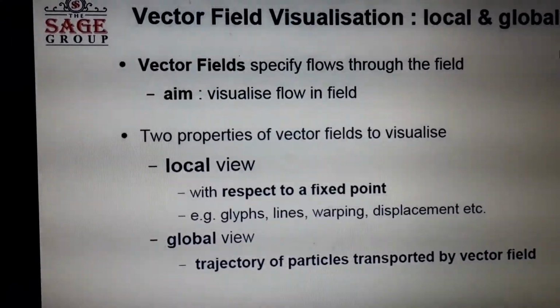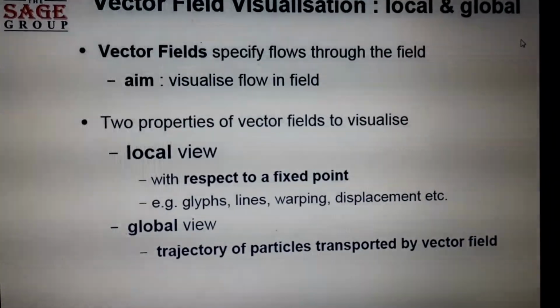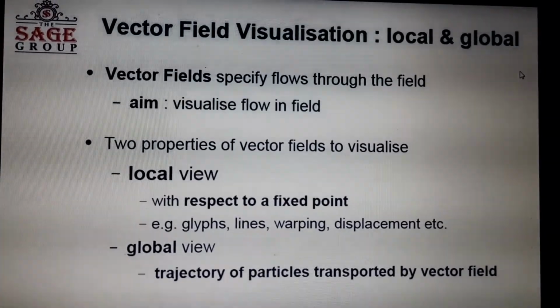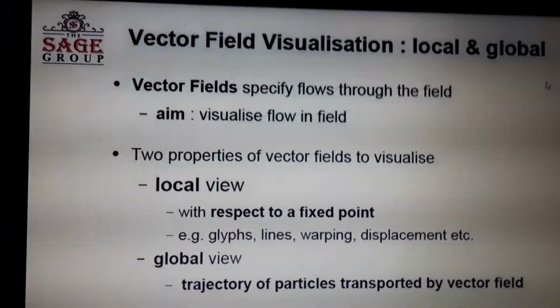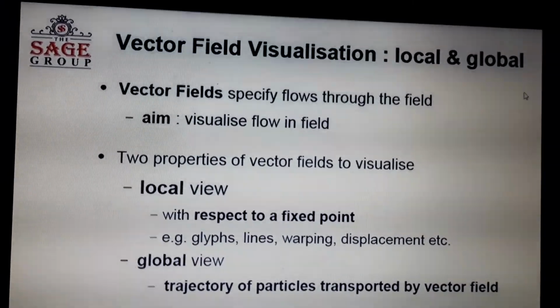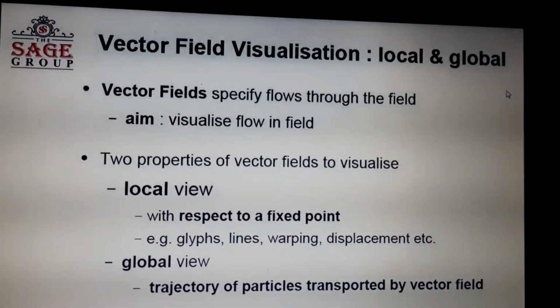We have learned these examples. In the global view, we visualize the data with the help of trajectories of particles transported by vector fields. We assume some particles which are moving, transported by the vector field.